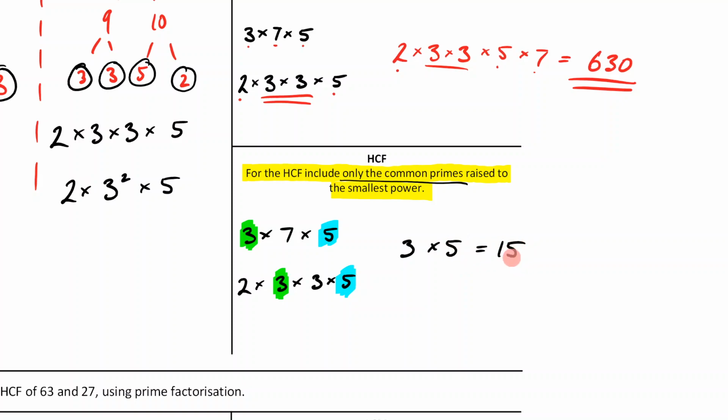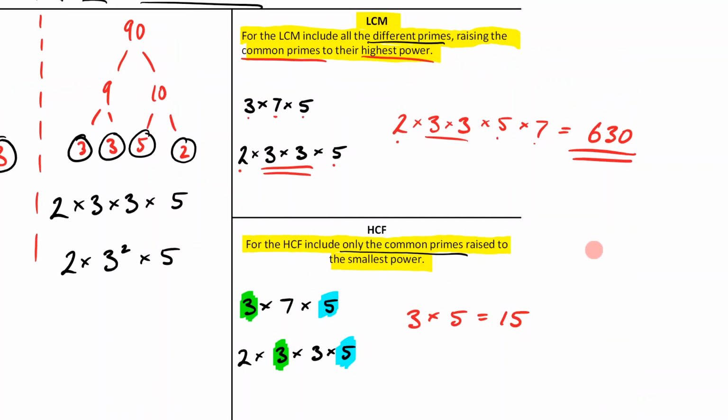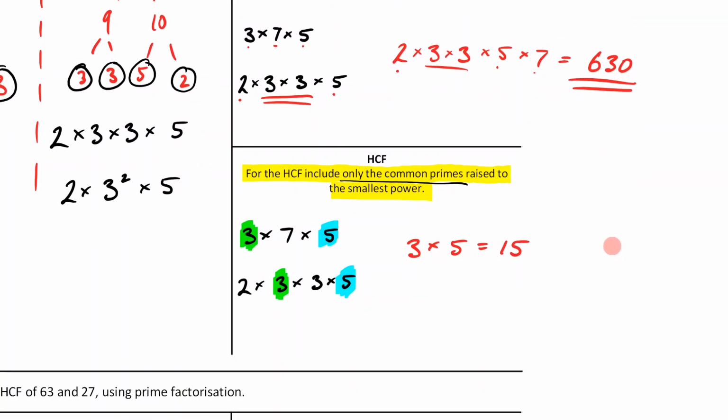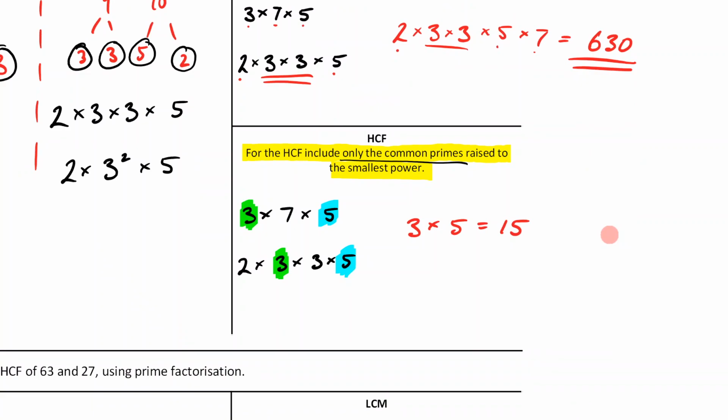And that's all we do to find our answer. Can I just do that in red so that my colors are all consistent? 3 times 5 is equal to 15. And that's how you do it. Nice and easy. Normally people get kind of stuck on the LCM because it's a little different. With the HCF, you just find the common ones, you multiply them, and you're done.